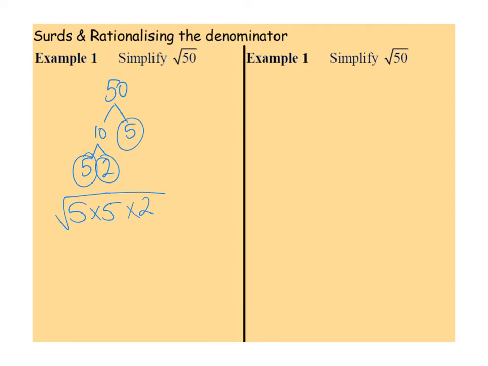But using the key point that we talked about a minute ago, about multiplication, we can say that this is the same as the square root of 5 times the square root of 5 times the square root of 2. Then these two that are the same give me 5. And so I'm left with 5 times the square root of 2. So that's the prime factorisation method.